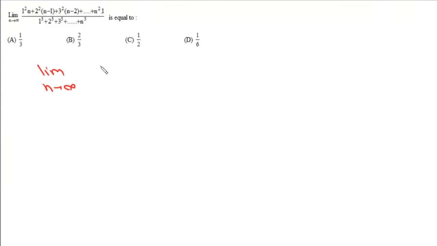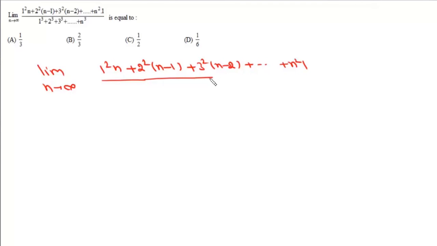N tends to infinite, 1 square n plus 2 square n minus 1 plus 3 square n minus 2 up to n square 1, upon 1 cube plus 2 cube up to n cube. Now first what we'll do is we'll simplify this series in the numerator.